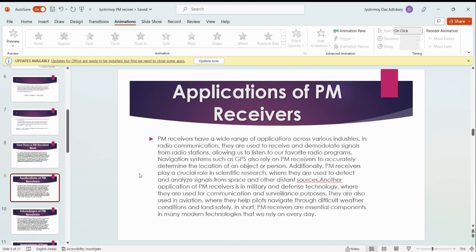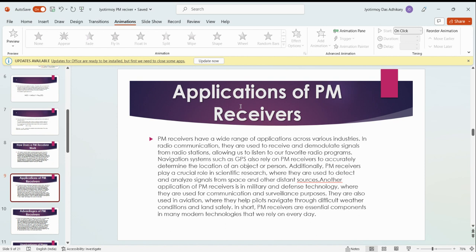They are used for receiving and demodulating signals from radio stations, so we can listen to our favorite radio programs. Navigation systems such as GPS also use PM receivers to accurately determine the location and orbit of a person.